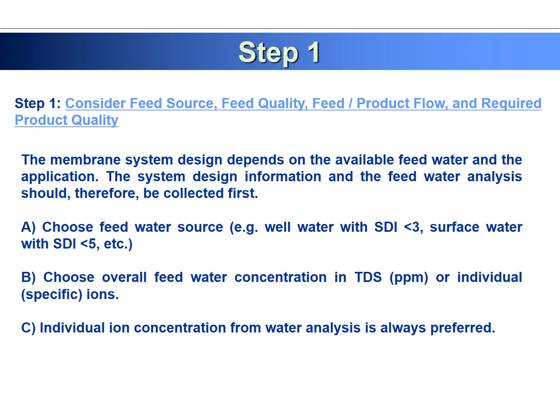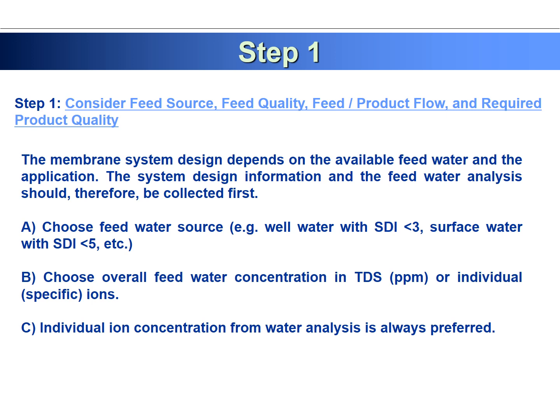Step 1. Consider feed source, feed quality, feed flow, and required product quality. The membrane system design depends on the available feed water and the application. The system design information and the feed water analysis should be collected first.